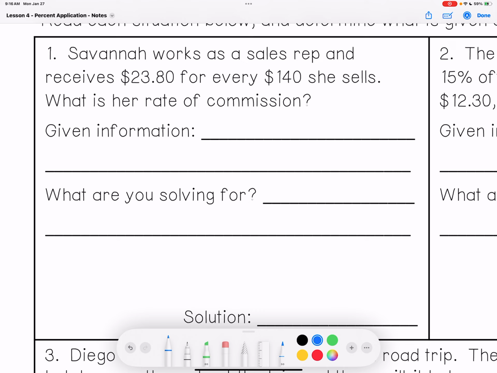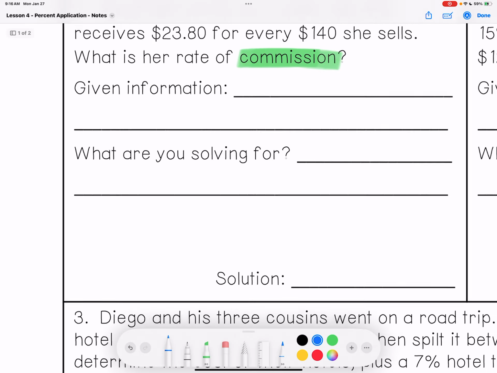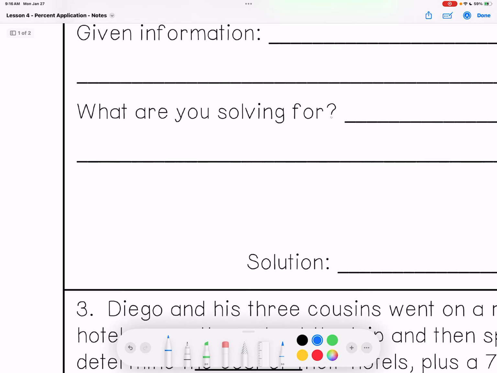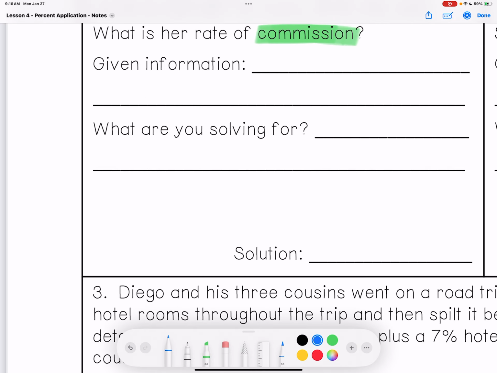All right, so what is commission? This is what salesmen work off of. Let's pick some easy numbers in our head. We're going to ignore number 1. We're just talking about commission. Let's say you get 10% commission. This is not this problem. You do not have to write this.